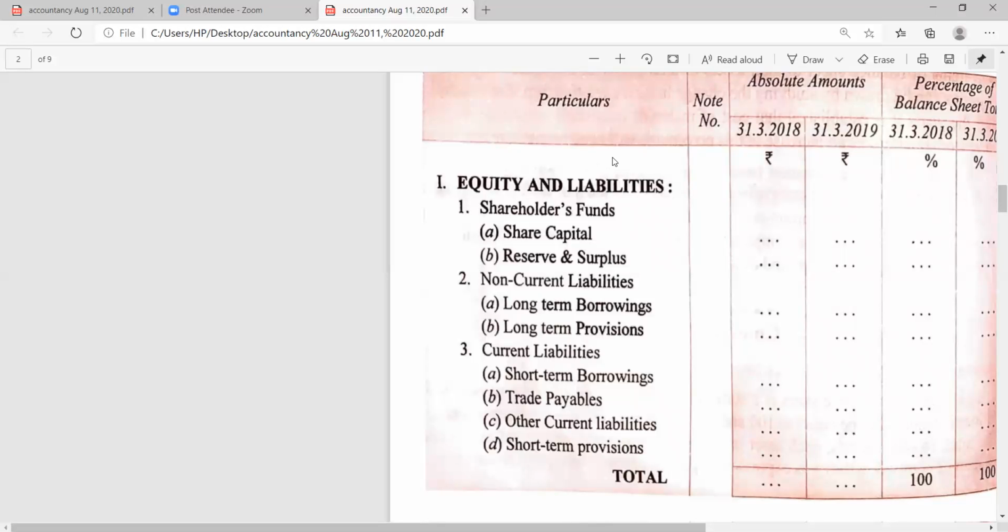And in the case of the common size balance sheet, the absolute amount is shown as a percentage of the balance sheet total, with the common base to be considered.